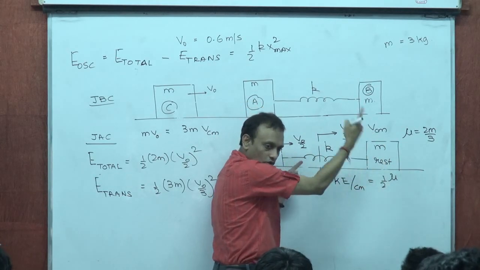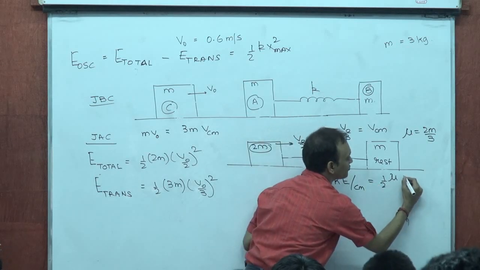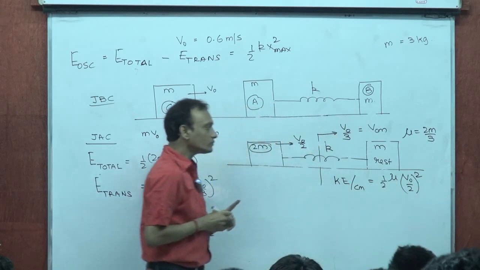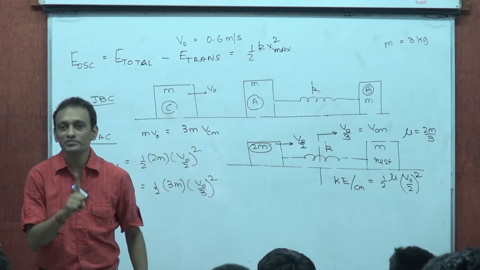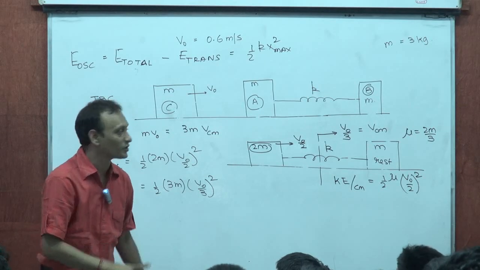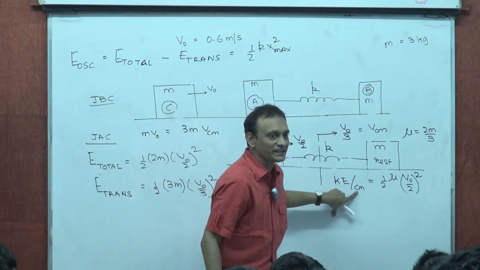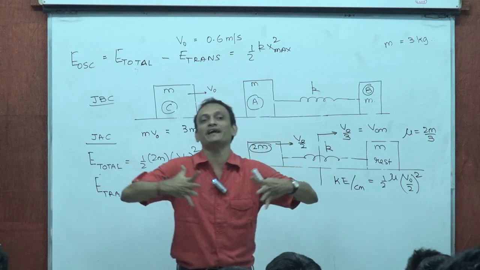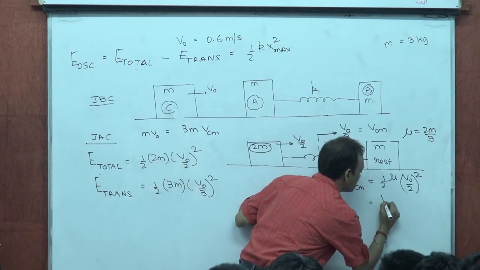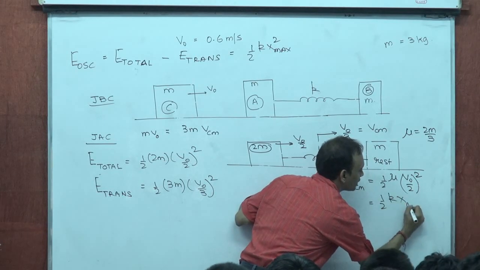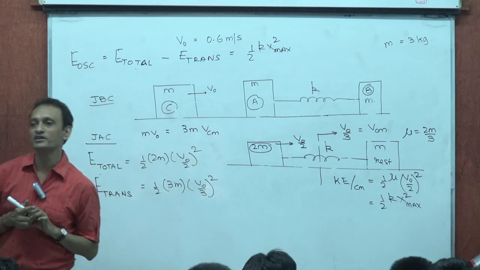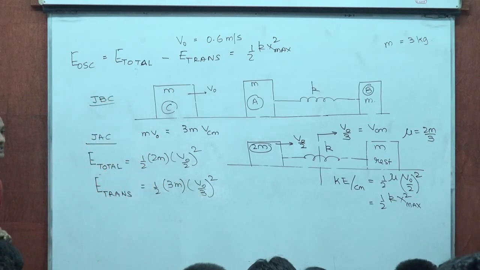So v0 by 2 is vrel in the center of mass frame. When the spring is in a state of maximum compression or maximum elongation, the entire kinetic energy in the center of mass frame will appear as half k x squared. So that's another way you could have calculated the maximum compression in the spring.